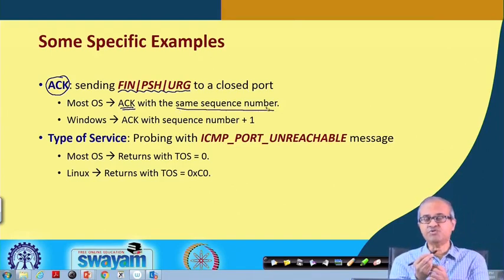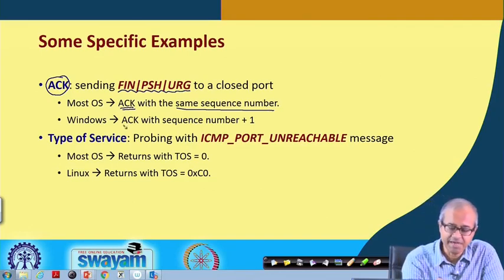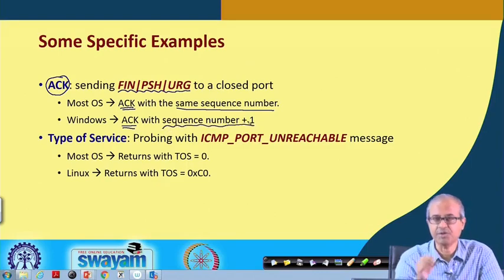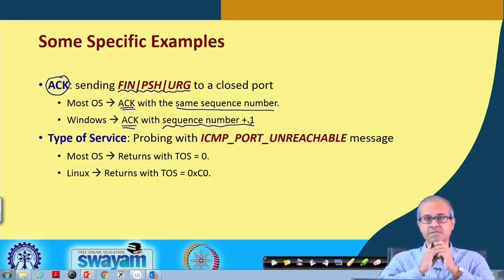But in Windows, what happened? Windows handles it slightly differently. It sends back an acknowledgement all right, but the sequence number is also incremented by 1. So, if you look at the sequence number of the packet which is coming back, if it is same, you can conclude that it is a non-Windows operating system. If it is incremented by 1, you can infer that the host is running some version of Windows operating system.